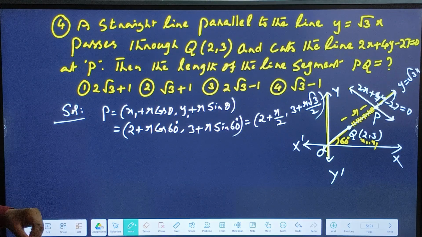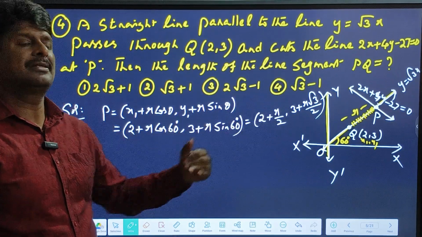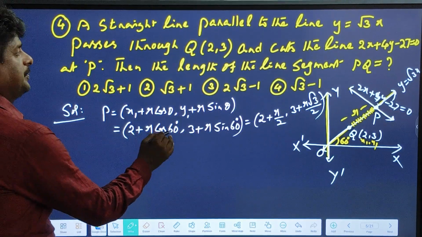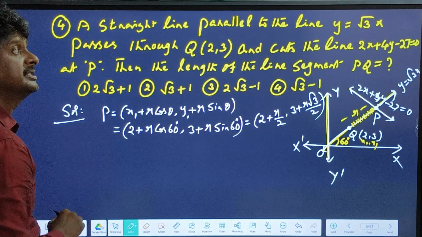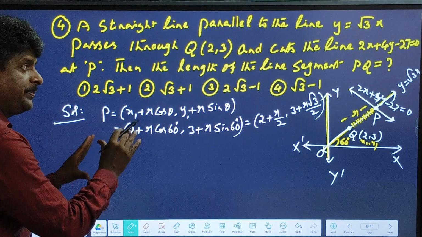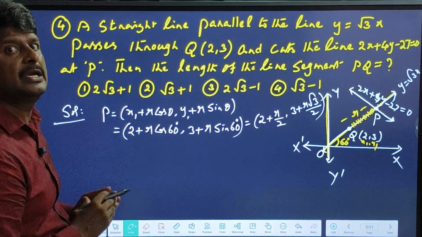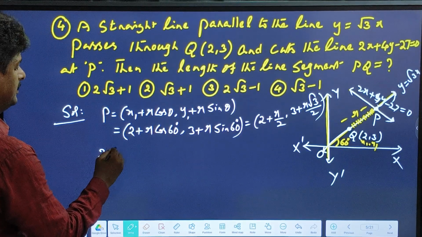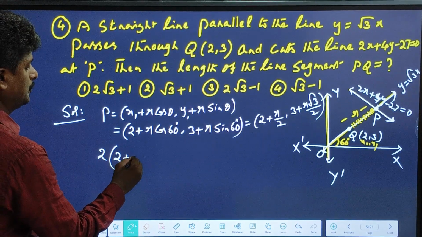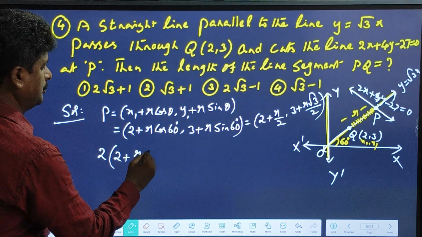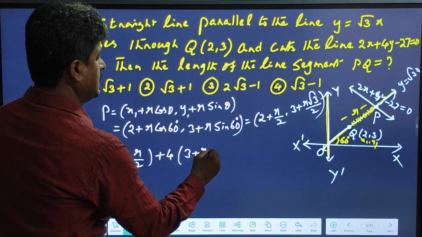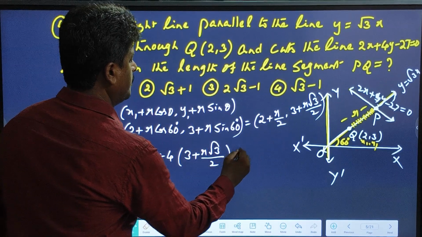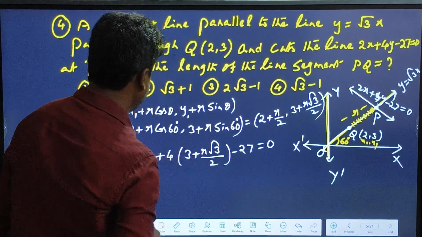Okay, this point lies on the line 2x plus 4y minus 27 equals 0. That's why point P should satisfy the equation of the line, that is 2 into (2 plus r by 2) plus 4 into (3 plus r root 3 by 2) minus 27 equals 0.